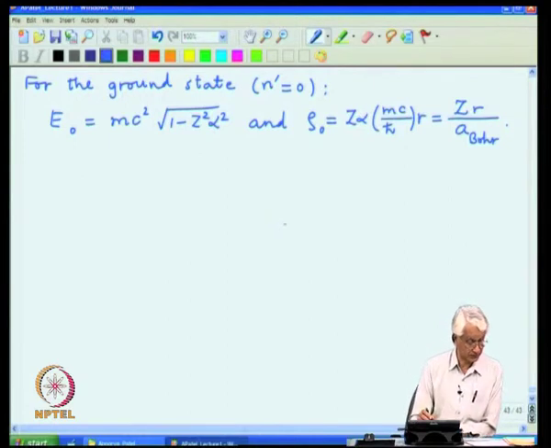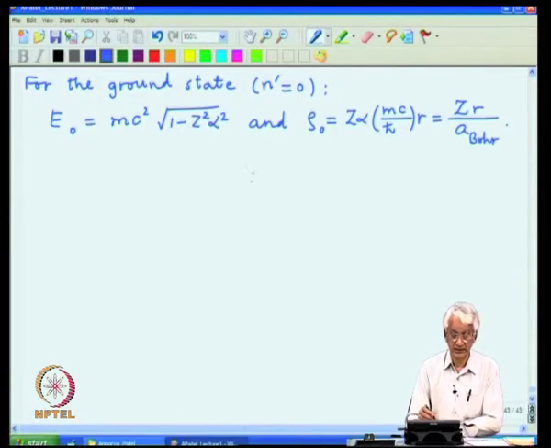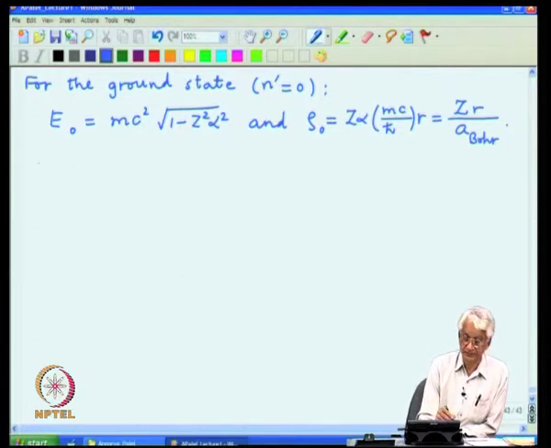One can also determine various energy states and their degeneracies etcetera by looking at all the integer values allowed inside here, and it is now easy to classify the same way as we did in case of the non-relativistic state.